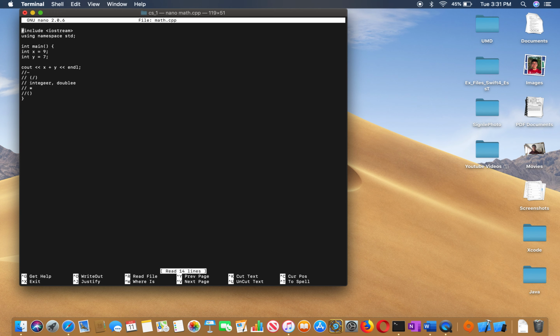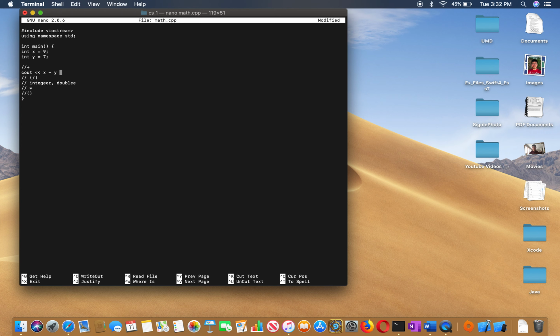Let's see if that's correct. 9 plus 7 equals 16, which is correct. So that's basically the addition operator. Pretty simple, pretty straightforward.